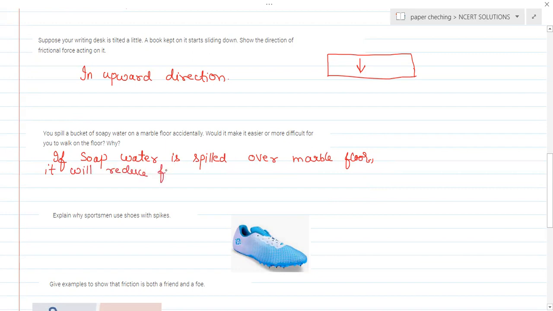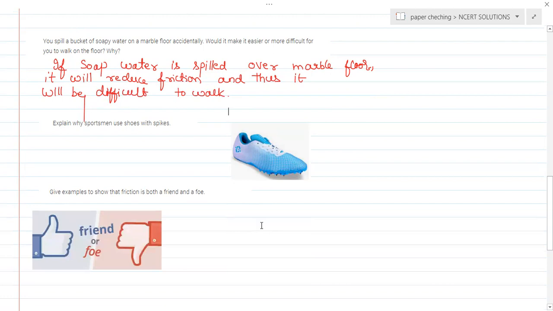It will reduce friction and thus it will be difficult to walk. So what would happen? It would become very difficult for us to walk on the floor. We may rather fall because friction has reduced.